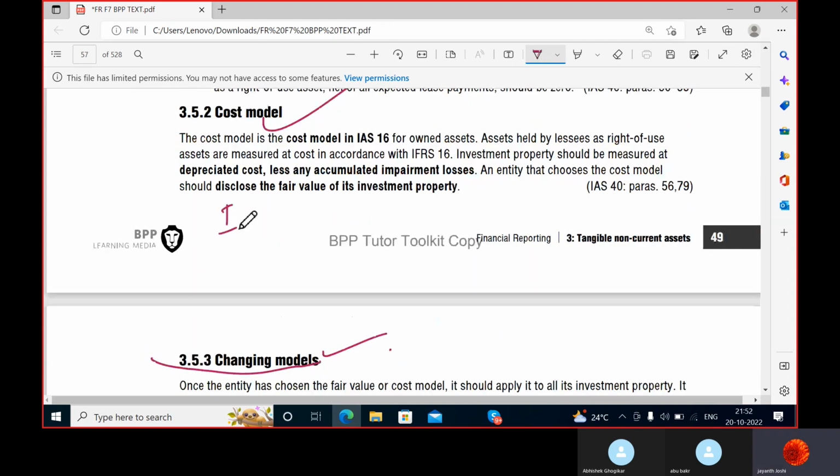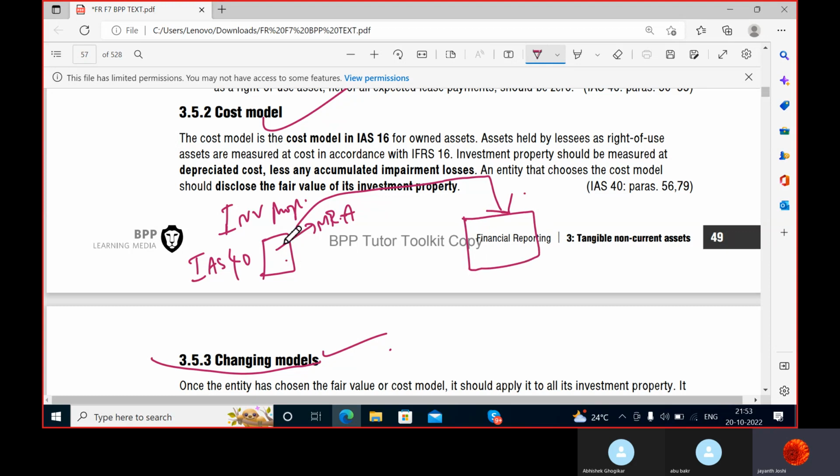Suppose you have an investment property, and that means you have let out the property on a rental basis. You have let it out to Mr. A. What happens? You're not satisfied with this rental income, and now you want to use it. So here what is applicable? IAS 40. Now you want to use this particular property for your own business, like maybe you want to start a new company in this.